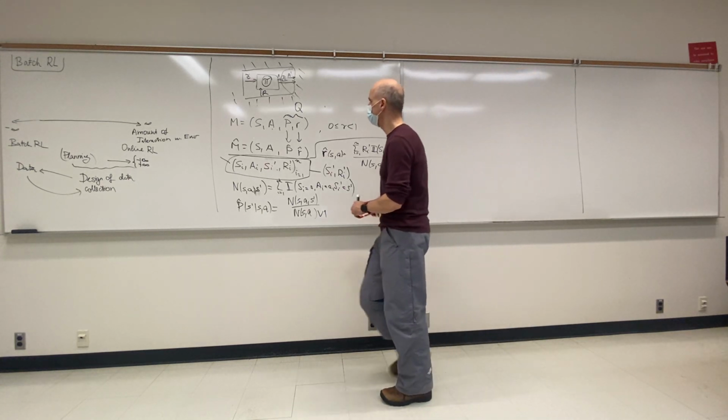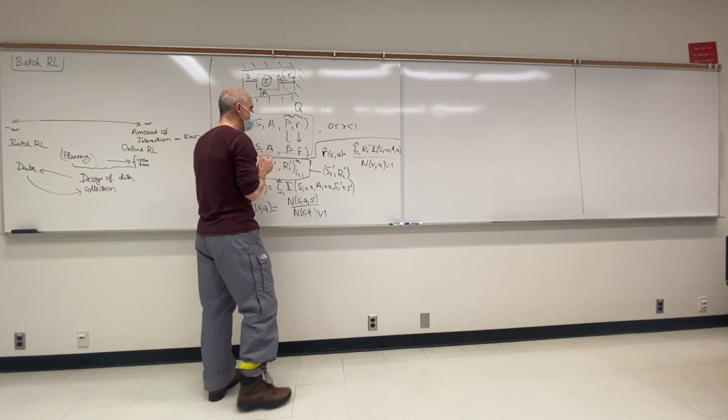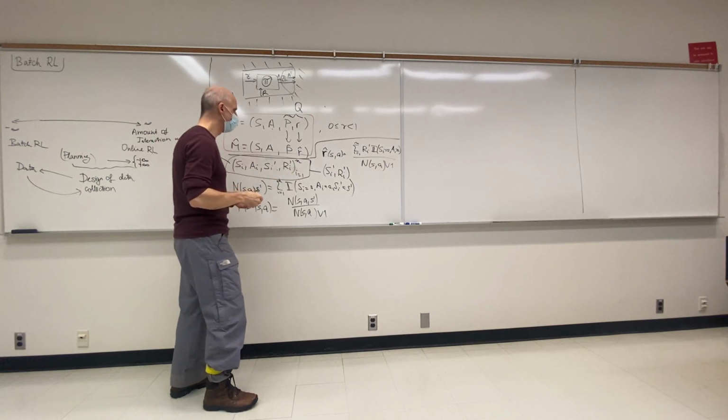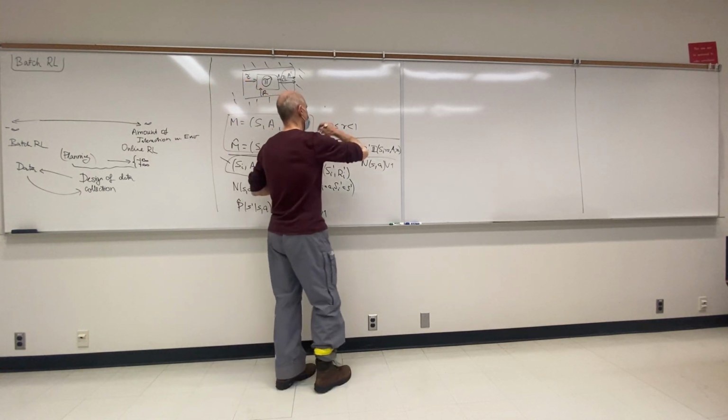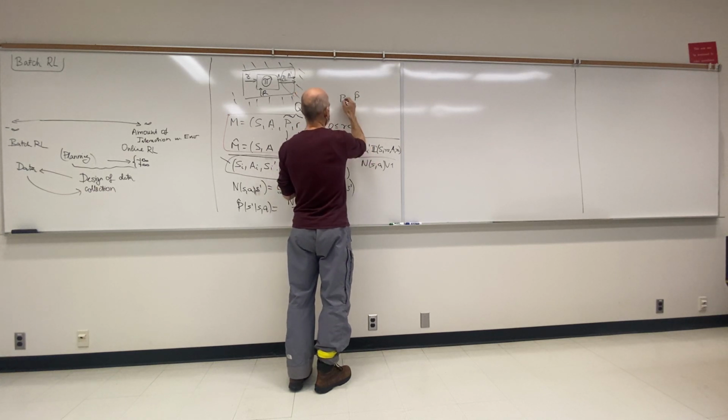So what to emphasize is that as you get more samples, if you have some regularity with the data collection, then you can expect that somehow P gets closer to P hat in some well-defined sense, maybe for every state-action pair.